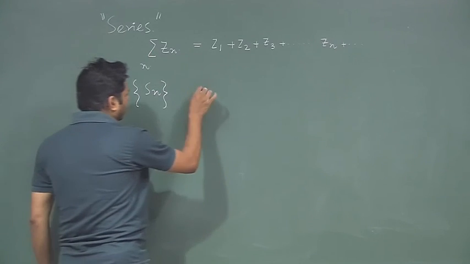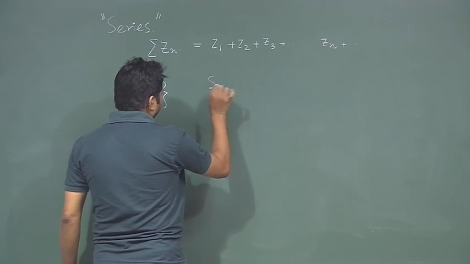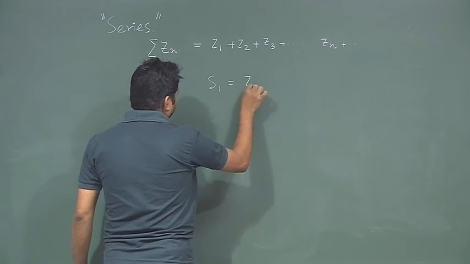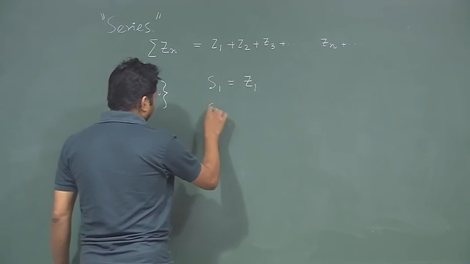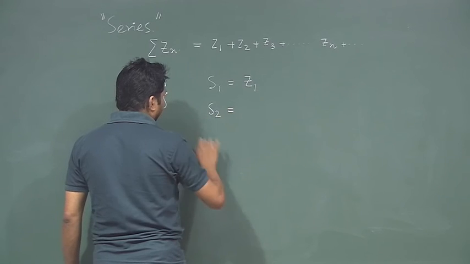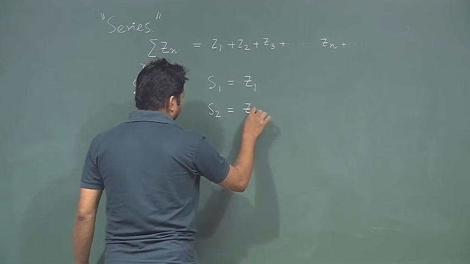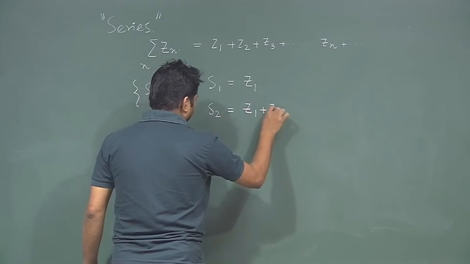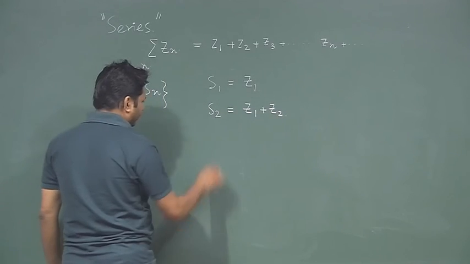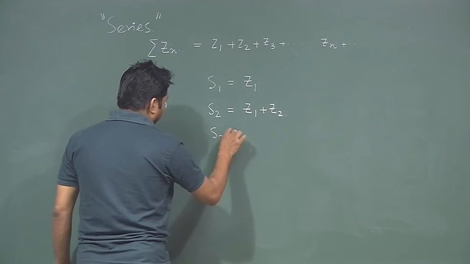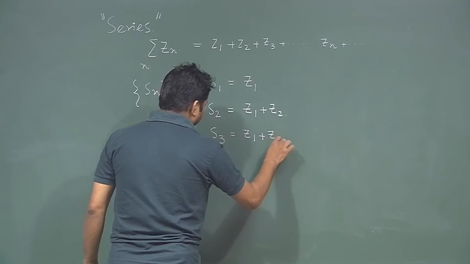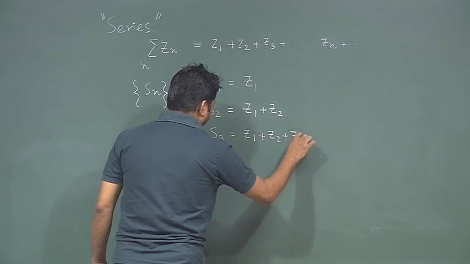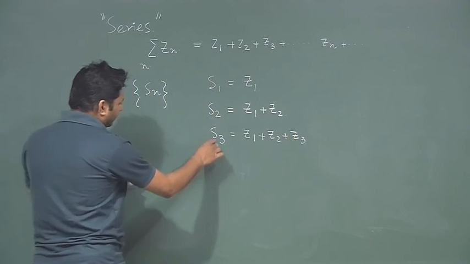What is the meaning of partial sum? Say S1 is Z1, S2 is Z1 plus Z2, S3 is Z1 plus Z2 plus Z3 and so on.